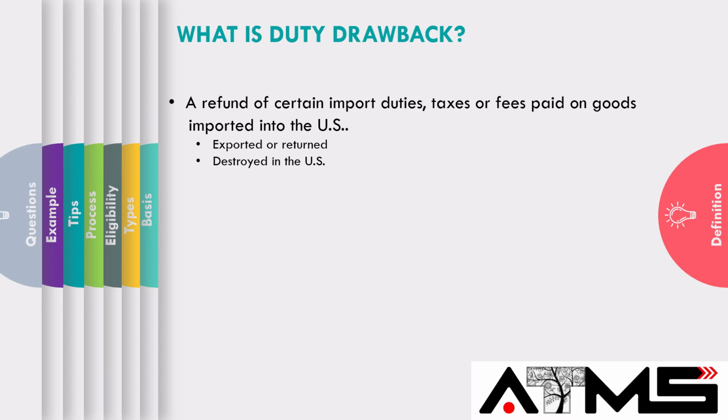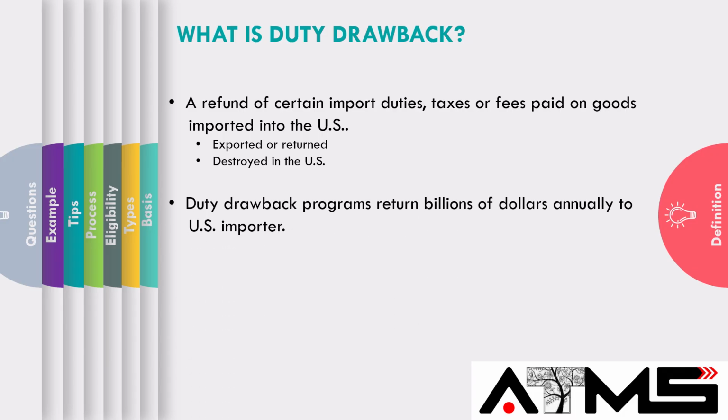As we will discuss in more detail later, the most common cases include when imported goods are returned to the country of origin, when they are used in manufacturing and then exported, or when they are destroyed under customs supervision within the United States.